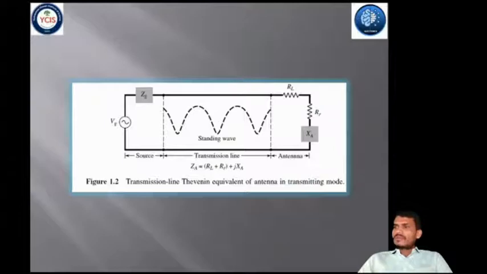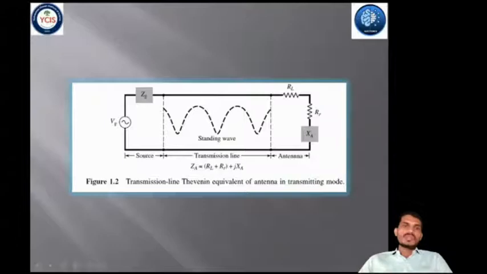Now according to figure 1.2, it is used to represent the antenna system in receiving mode only, where the source is replaced by a receiver. Now this same diagram, this same structure can be used to represent the receiving mode.